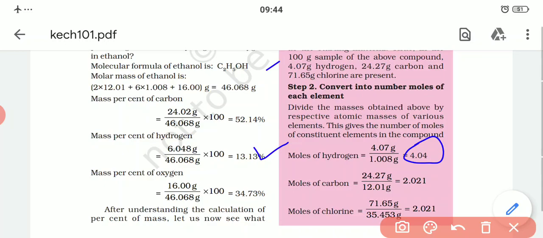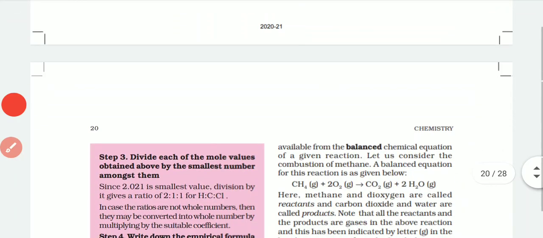Molecular mass of carbon we know is 12.01 gram. So divide given weight, 24.27 divided by 12.01, we get 2.021. Now moles of chlorine, given weight is 71.65, molecular weight of chlorine is 35.45, we get 2.021.